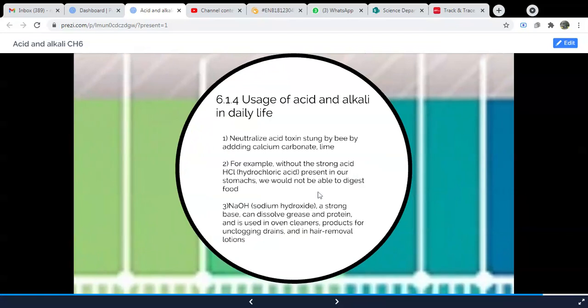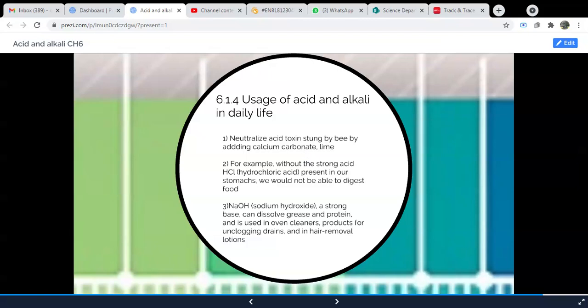Next, we would like to know the examples of usage of acid and alkali in daily life. Actually there are many applications.